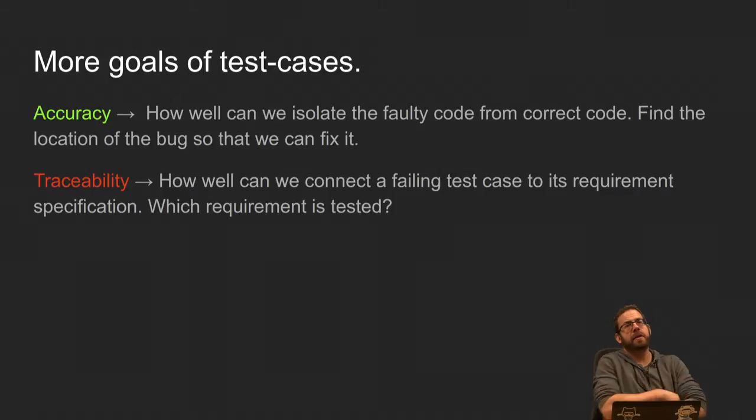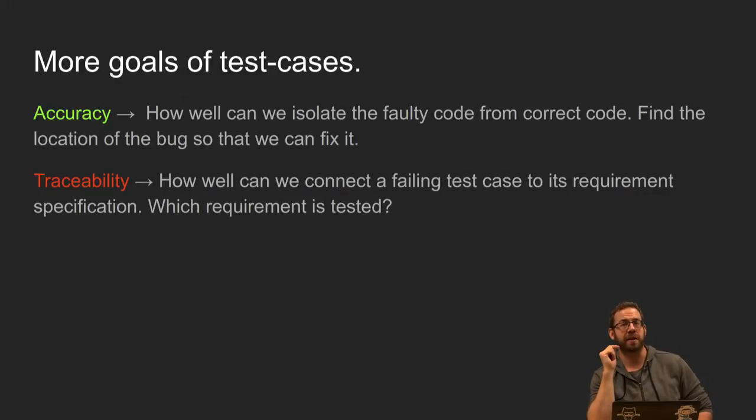Finally, and these are two things that come from me, there is the accuracy of the test. If we get a failure and we observe it, and we know that somewhere in our code there is a bug, we want the tests to be able to point directly to the location of the fault.